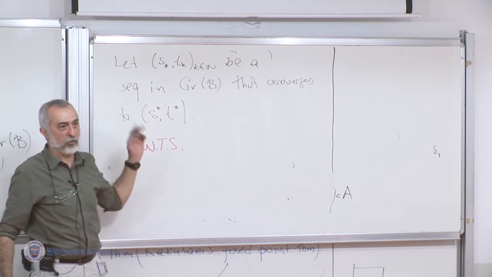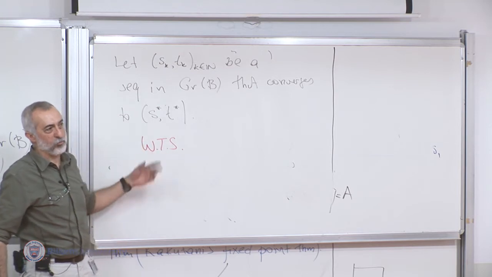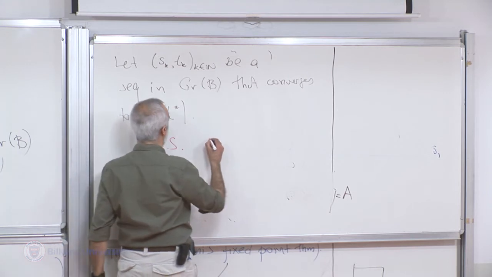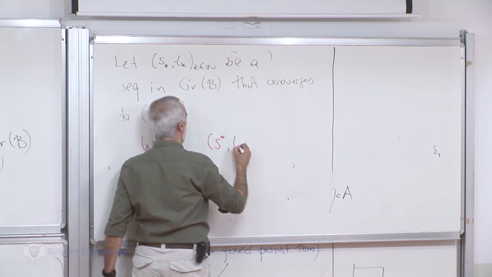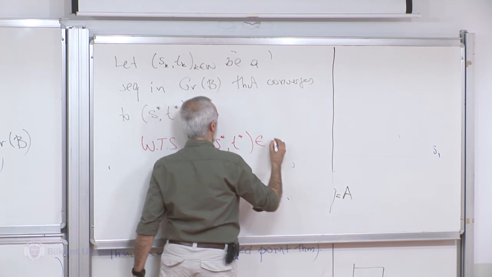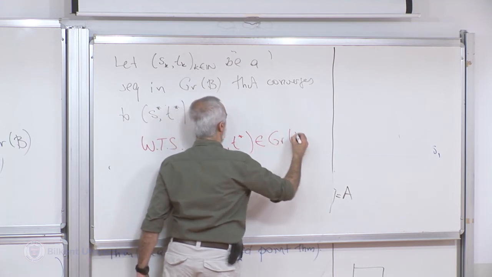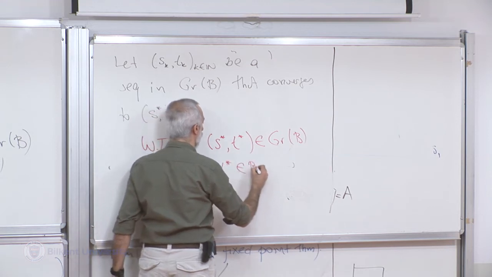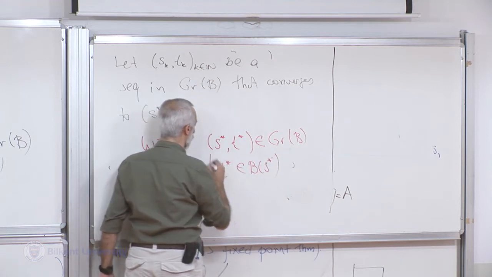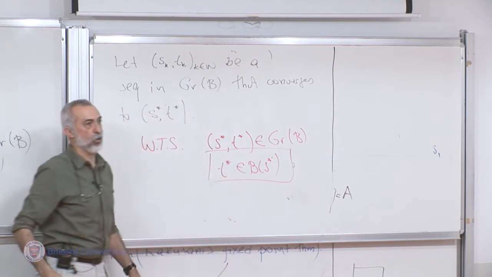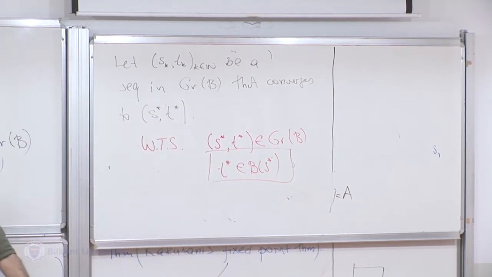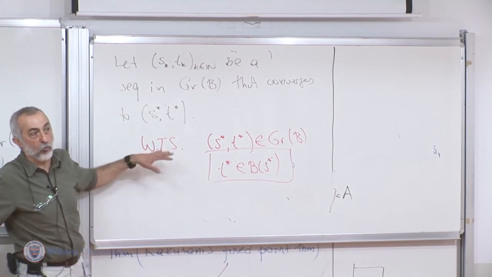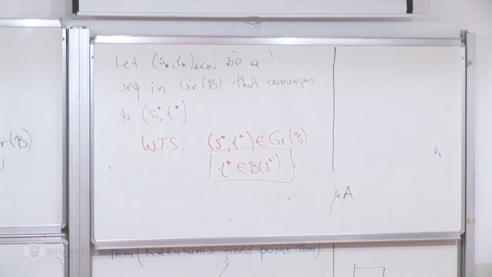So I learned many things from him, and one of this, it might look like a small thing, but when you're doing proofs, it makes a lot of difference. So we want to show that s star, t star is in the graph of B, which is the same as saying t star is an element of B of s star. So this is what we want to show, okay? So when you're doing proofs, sometimes you should stop and write down what you want to show, where you want to arrive, okay?